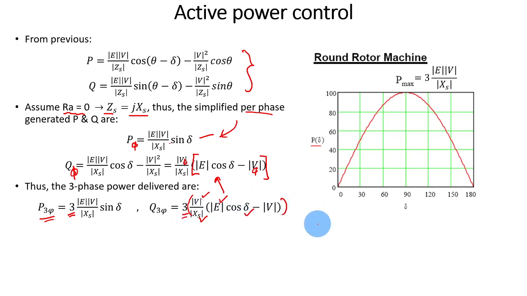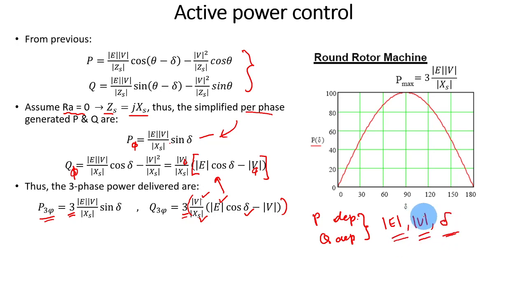So P and Q depend on only these 3 parameters: the magnitude of the generator voltage, the phase voltage, and the power angle. If you want to take something out from this, it is these three.